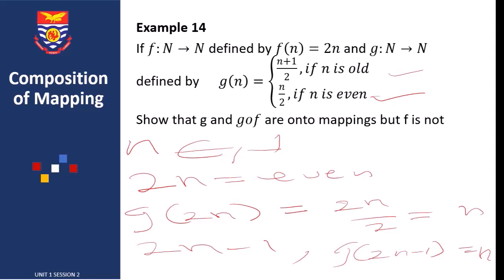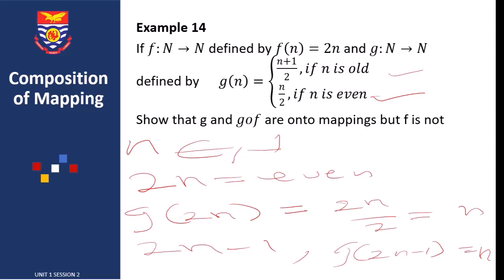For g being an onto mapping, it implies that the composite function g of f is also an onto mapping, and the reason is that the identity mapping is onto. Once the identity mapping is onto, definitely the composite function g of f is also an onto mapping. Certainly f is not onto, and the reason is that odd positive integers are not defined in f.